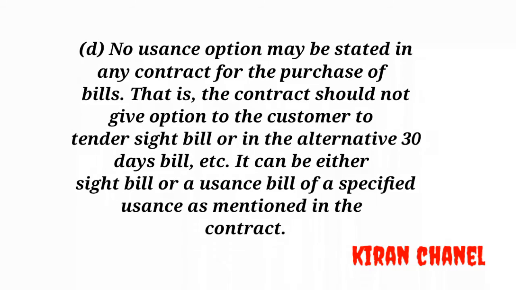D. No usance option may be stated in any contract for the purchase of bills. That is, the contract should not give the customer the option to tender a sight bill or alternatively a 30 days bill. It can be either a sight bill or a usance bill of a specified usance as mentioned in the contract.